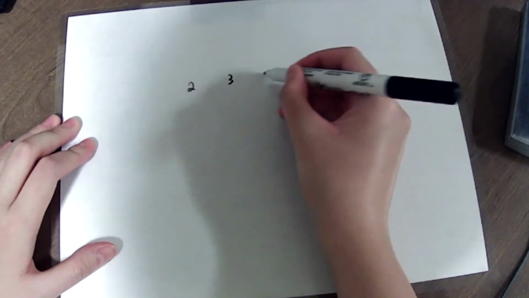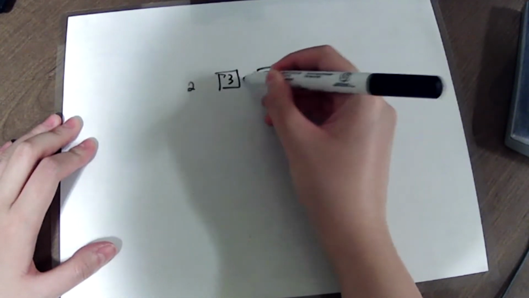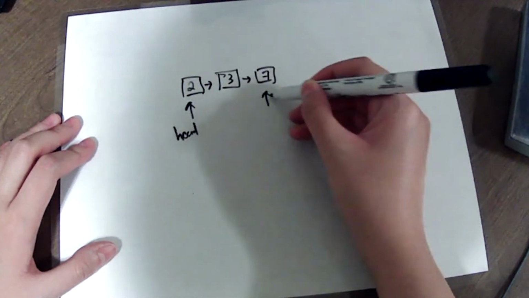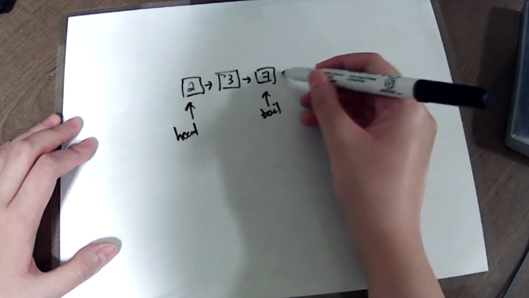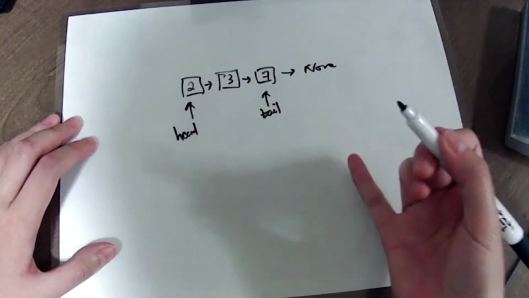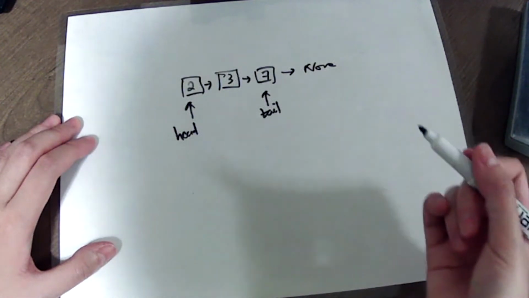Okay, so let's talk about the length from now on. So let's say I have 2, 3, 7 again, and something like this, right? And this is head, this is tail. How do we get the length here? So what we do is another for loop, right?